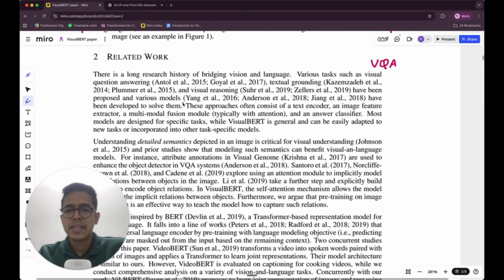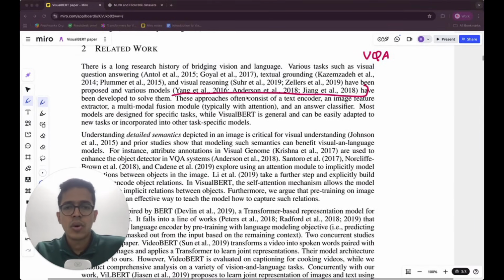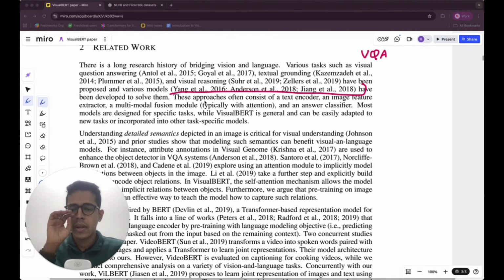So I'm reading by skipping, okay? So don't think that I'm just skipping items while reading the full sentence. These approaches often consist of a text encoder, an image feature extractor, and a multi-modal fusion module. So the text encoder will encode textual tokens into vectors.